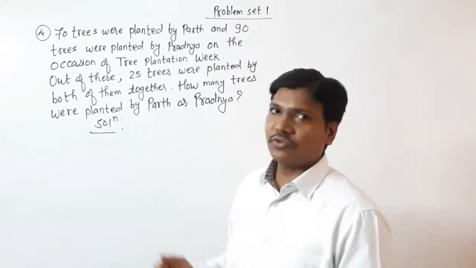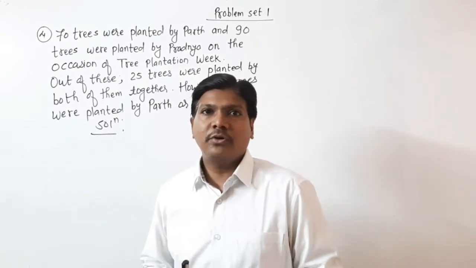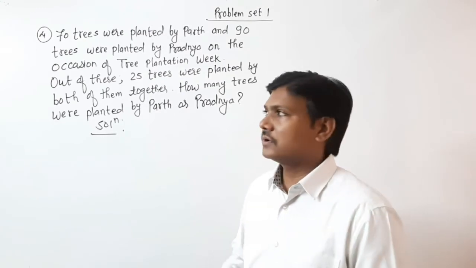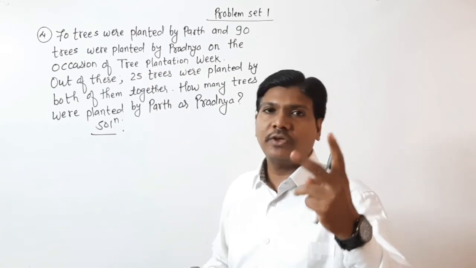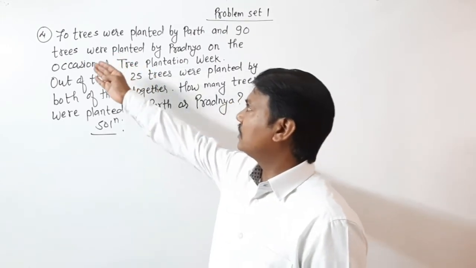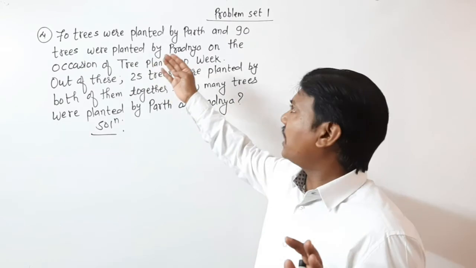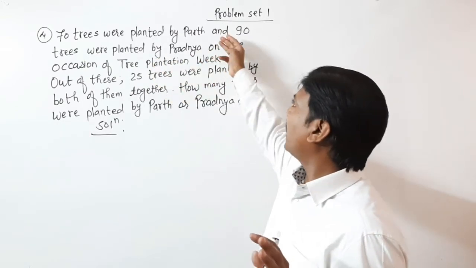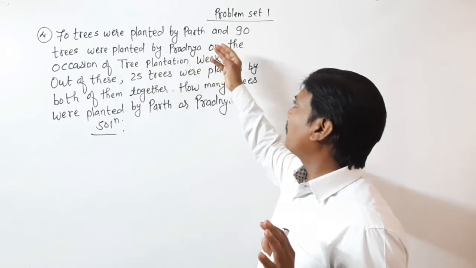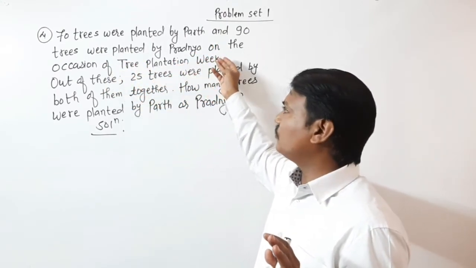Student, see question number 4. Here reading is important, so read this example carefully and find out the given things, and the two things that you have to consider, A and B. So read this example. 70 trees were planted by Parth and 90 trees were planted by Pragya on the occasion of tree plantation week.